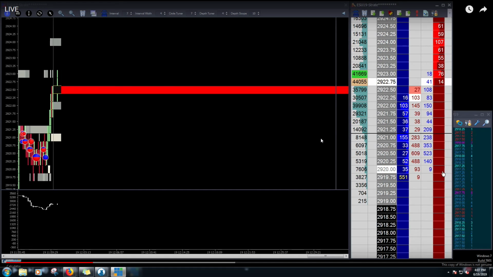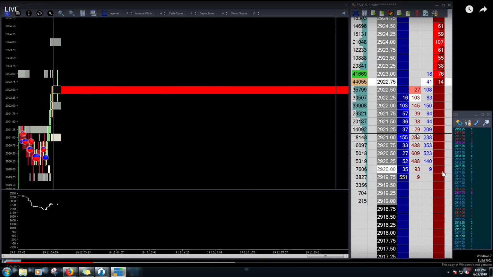So what do I mean by the market thinning out? Look at the blue and red columns, your bid and ask. Notice how thin it is. There's only 35 down here, 52, 27, 33. Yes, you have 155 there, then 37, 36, 57. And if you go up, it's equally as thin: 61, 59, 61, 55, 38.